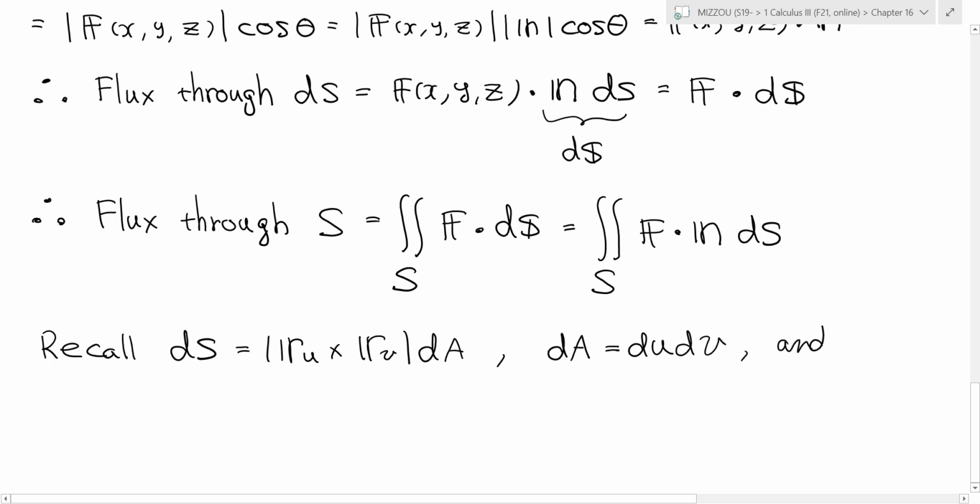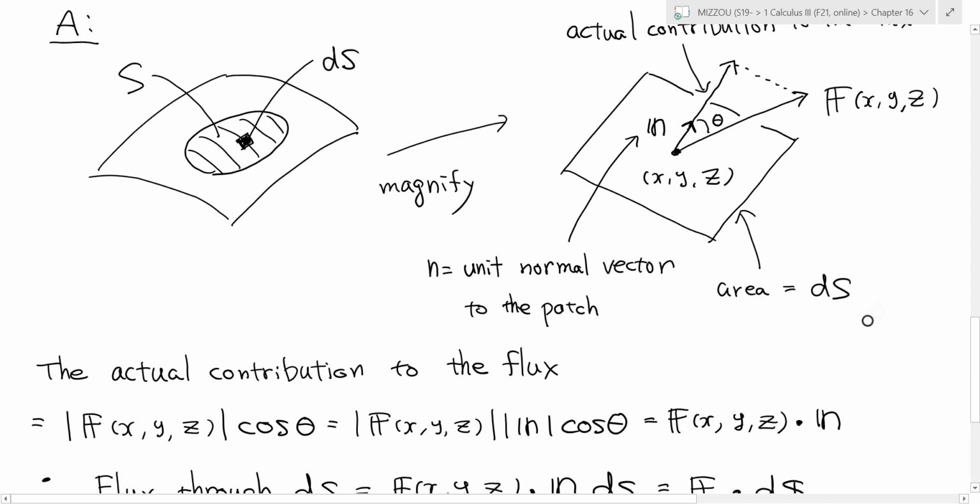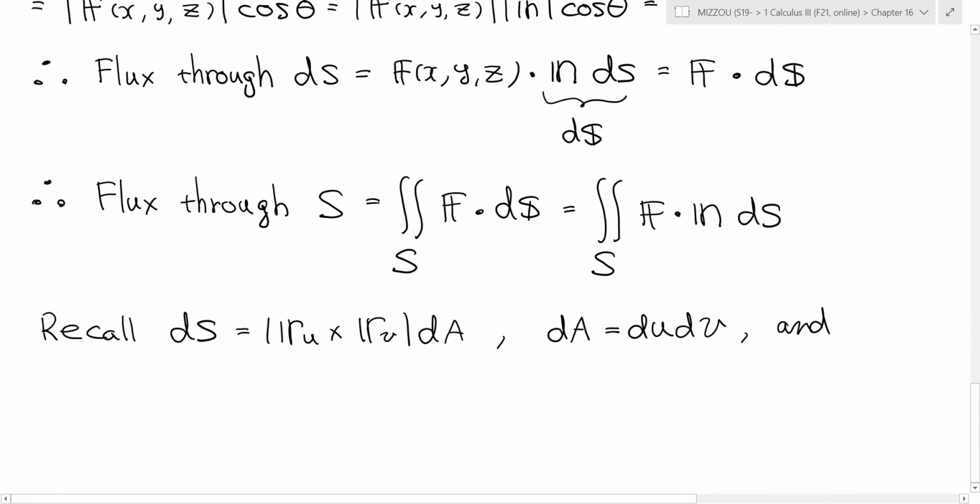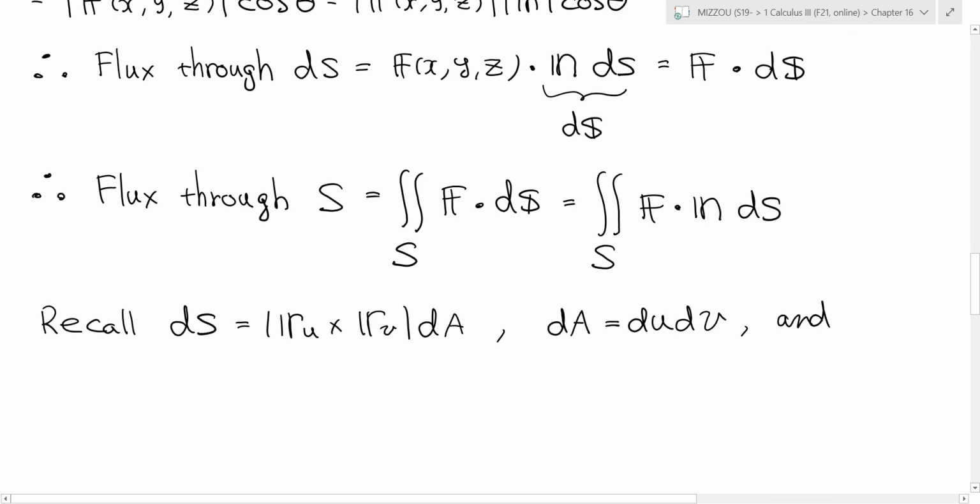And this vector n is what? Well, vector n is indeed this one, but this might not be a unit vector, might not have magnitude 1, so we divide it by its own magnitude.